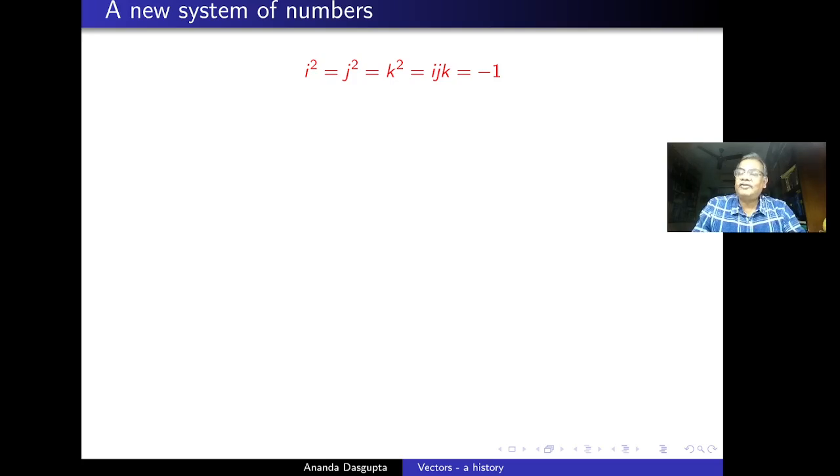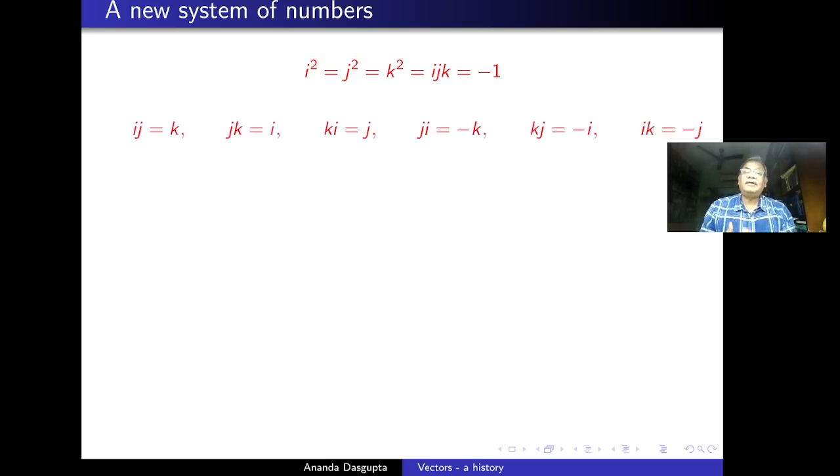Now, ij times k squared is not -1. I made a mistake there. ij times k squared is minus ij. So minus ij is going to be ij times k squared, (ijk) times k, that is minus k, because ijk is -1. So minus ij is minus k, so ij is k.